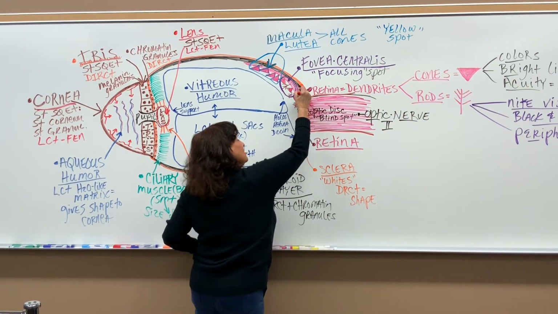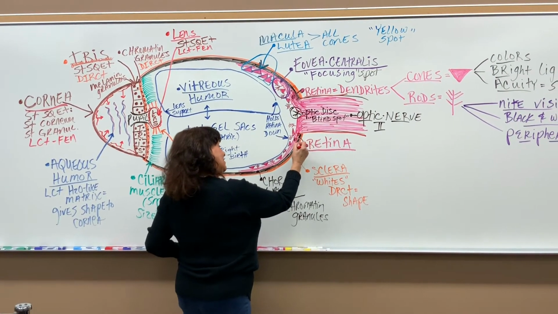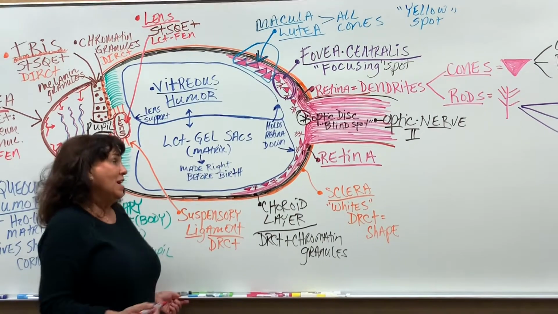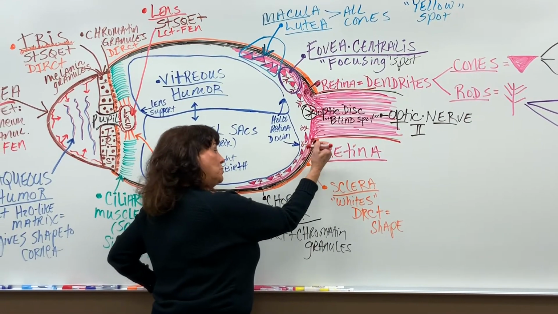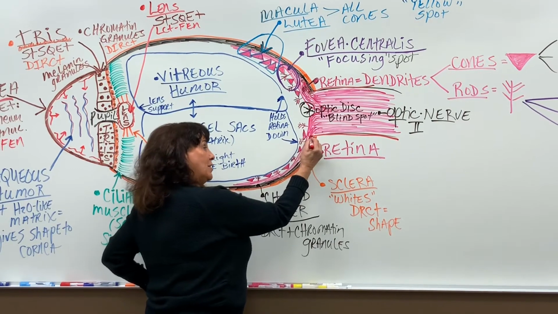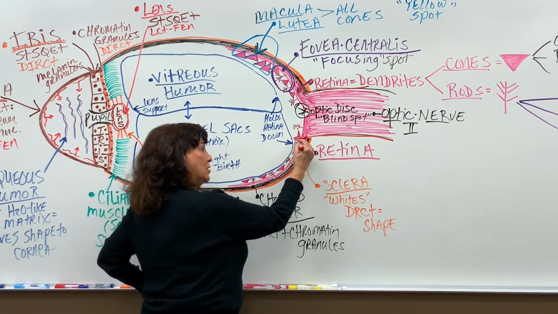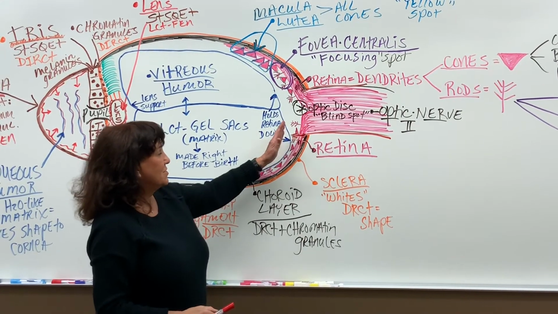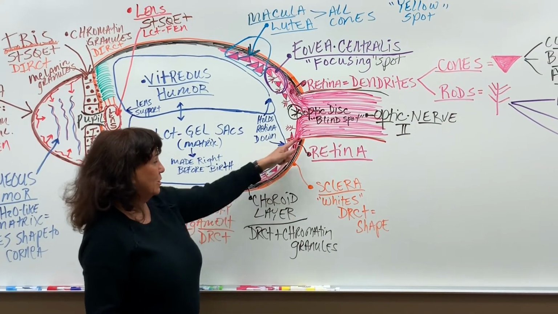And what happens is when you have high blood pressure, these blood vessels are going to push the retina forward, and then the retina is detaching from the choroid layer.